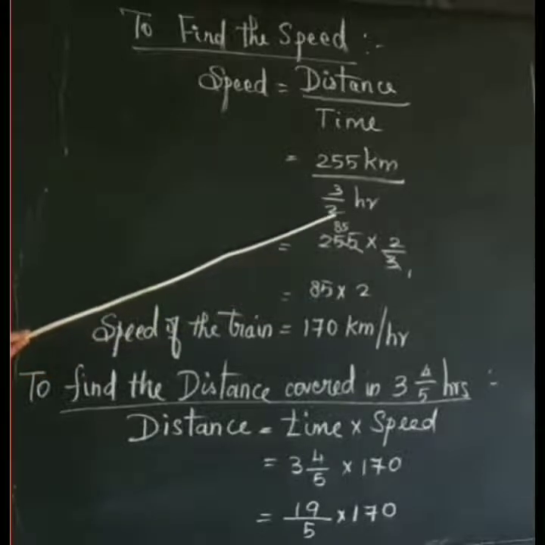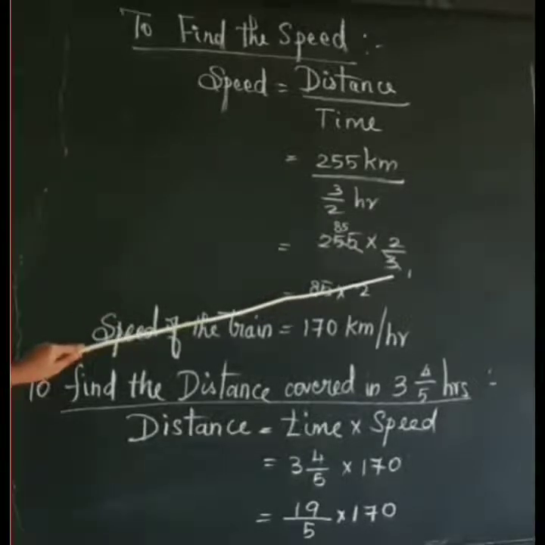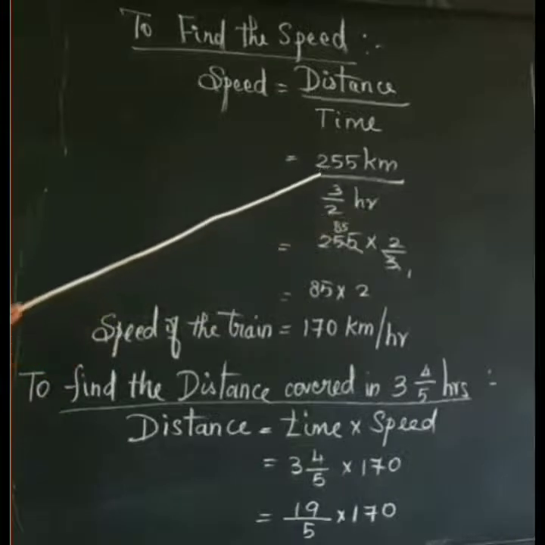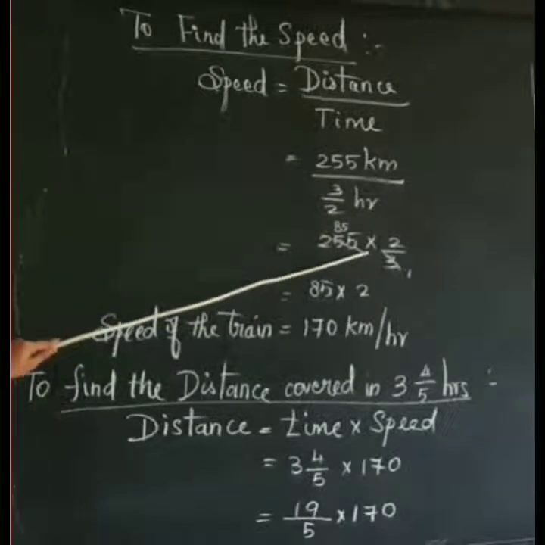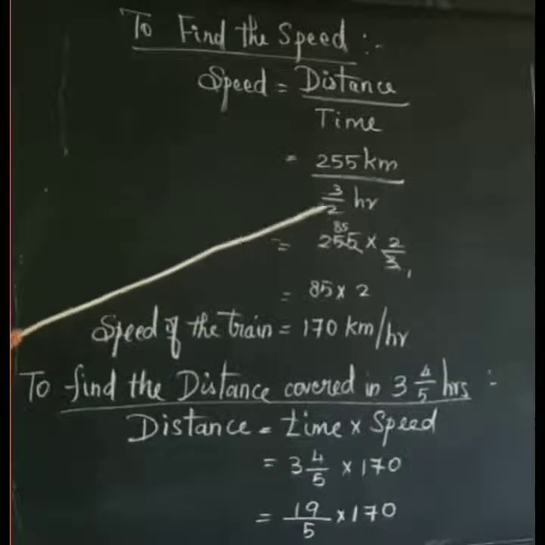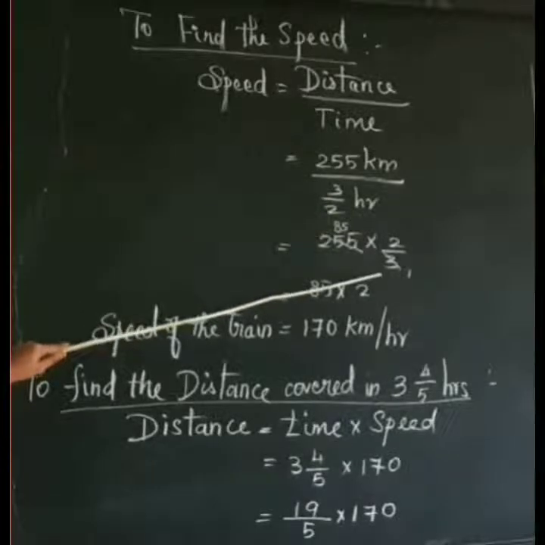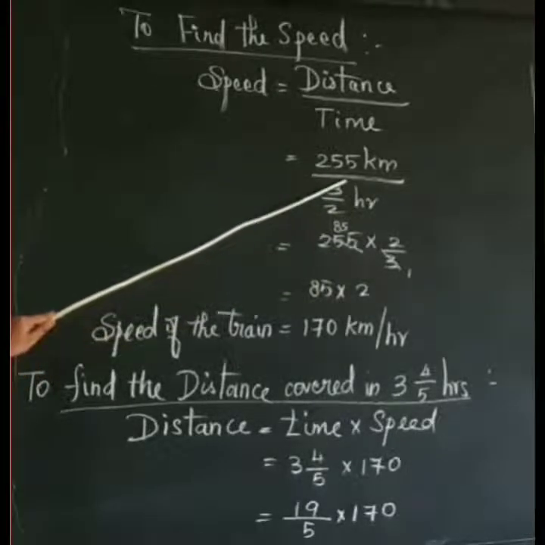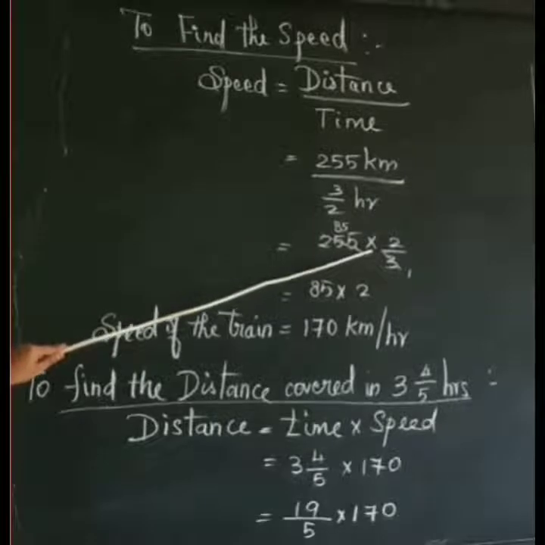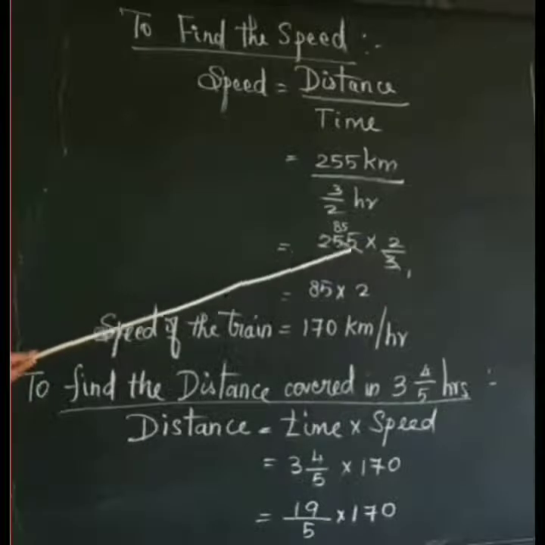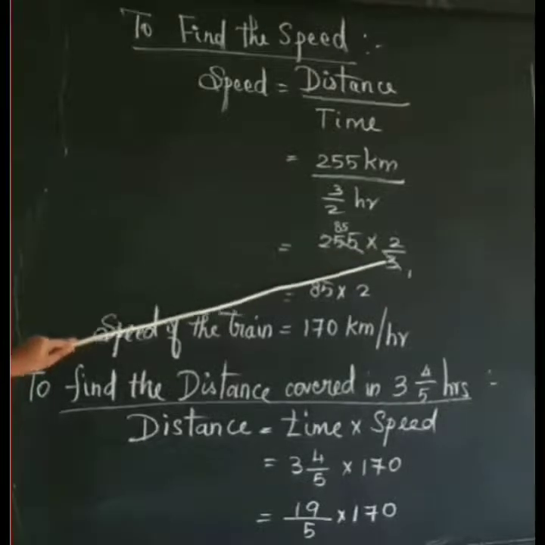The reciprocal of 3/2 is nothing but 2/3. Now we converted division into multiplication. Here the denominator is 3, the numerator 2 and 255. So these two are impossible to cancel.